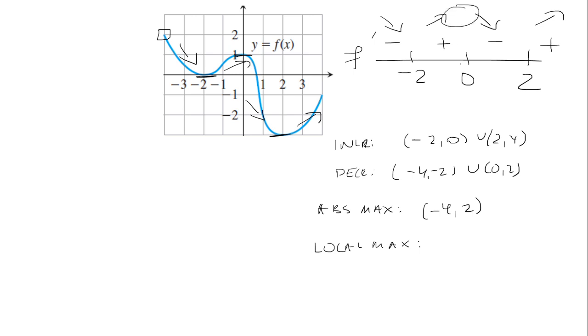So that's obviously at 0, 1. And then here it's increasing, and we're only going to do it one-sided, so we're going to include the endpoint as well. So that's going to be 4, -1.